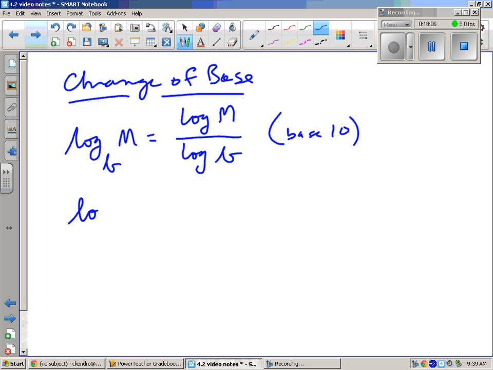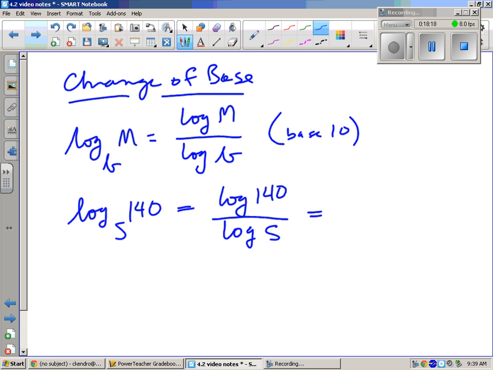For example, log base 5 of 140. Can't do it because I don't have a log base 5 calculator, so I'm going to say log of 140 over log of 5. Use your calculator to type those in. You should get 3.07. Okay, and that works with natural log too.